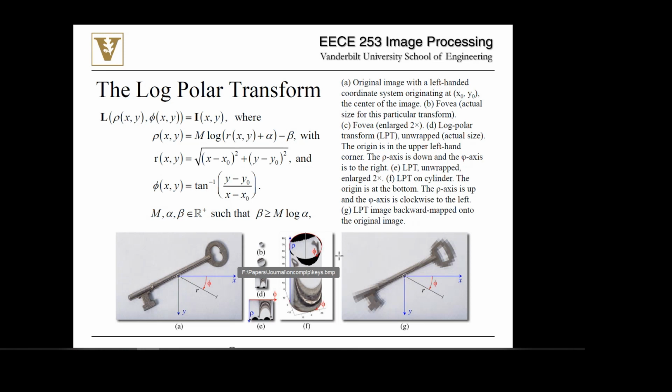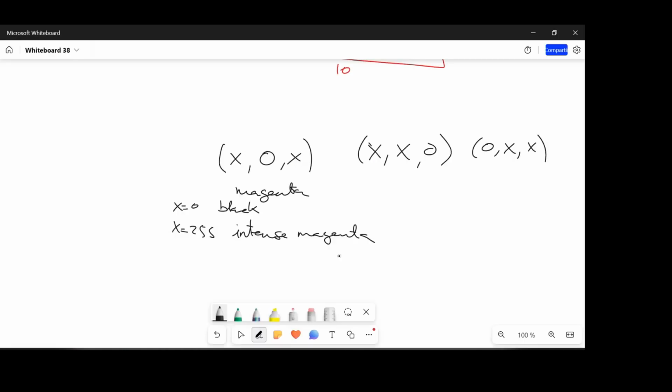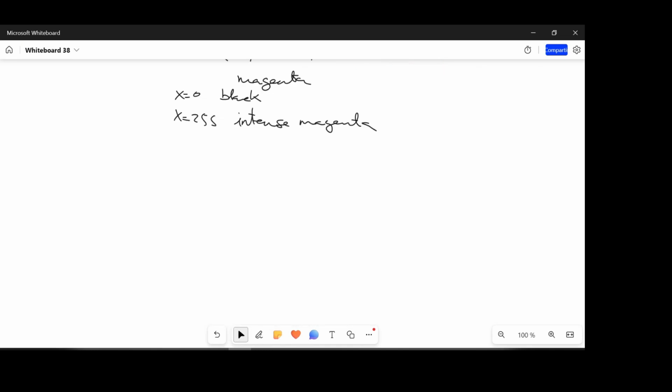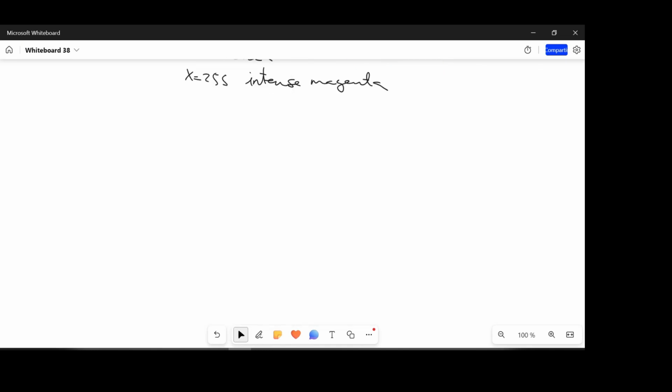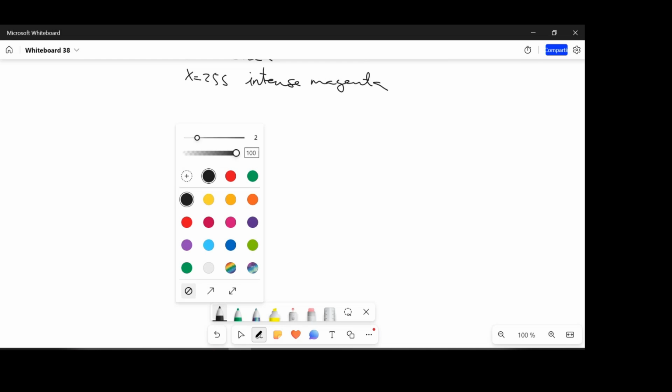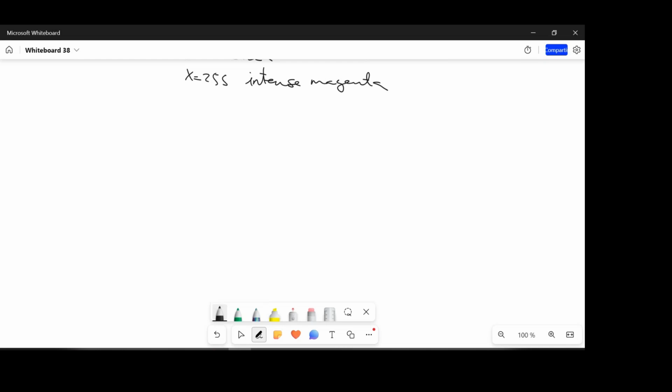If you solve for x and y, then you have these coordinates. It's something that you know. You don't know the log polar, but you know the polar.